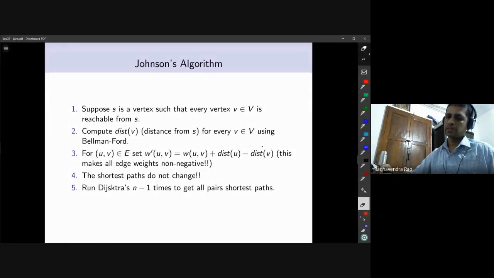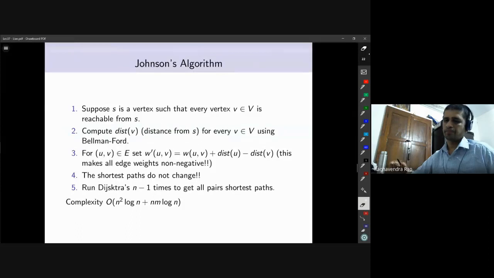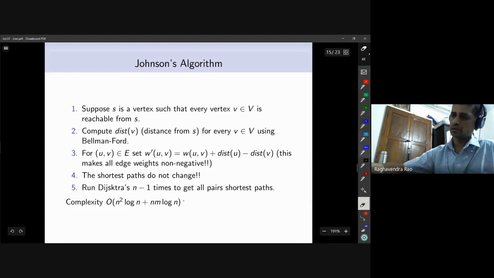Now, what is the complexity? Yeah, so what I wrote here is probably incorrect. So what is the complexity?